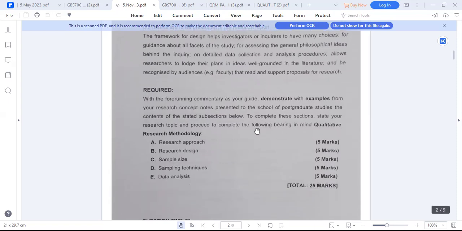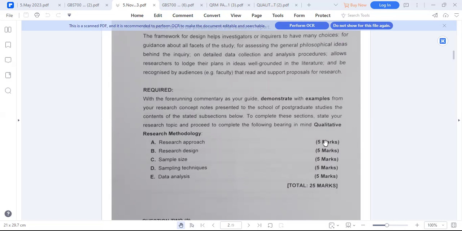With the foregoing as your guide, demonstrate with examples from your research concept notes presented to the school of postgraduate studies the contents that are stated in the subsections below. To complete the subsections, you need to state your topic and proceed to complete the following, bearing in mind qualitative research methodology.